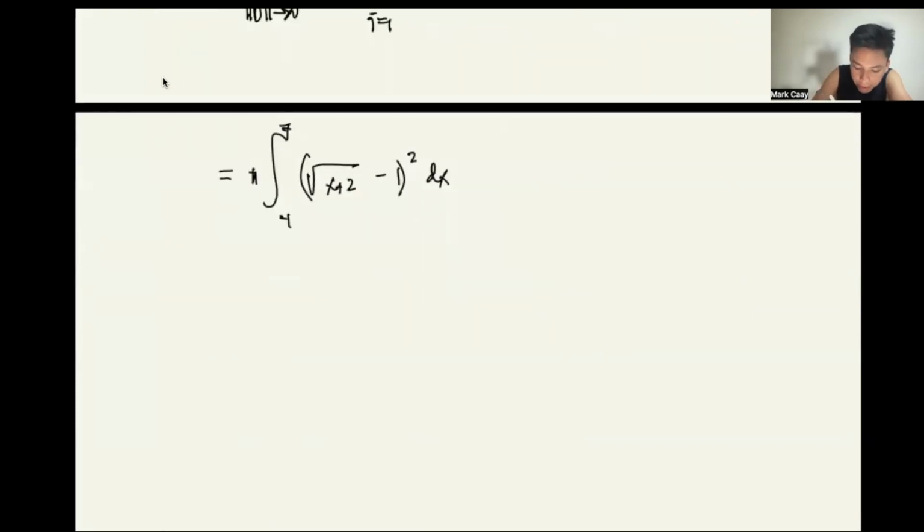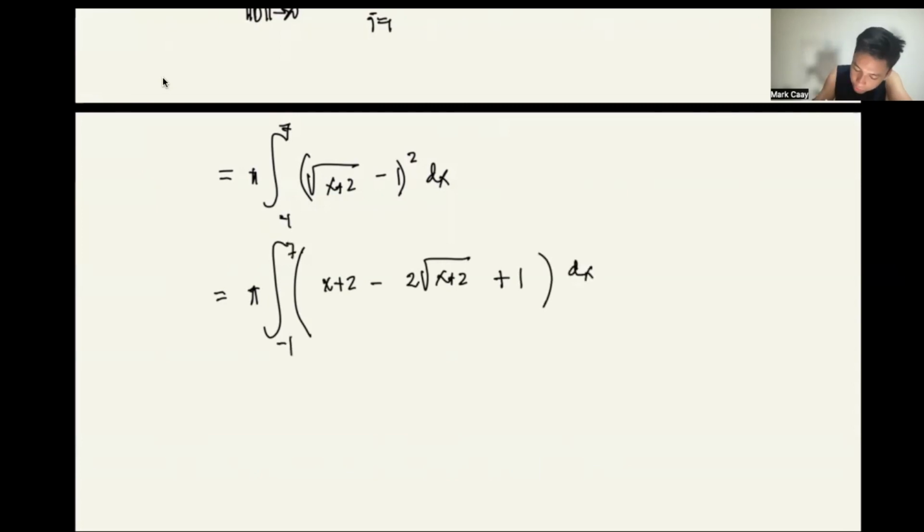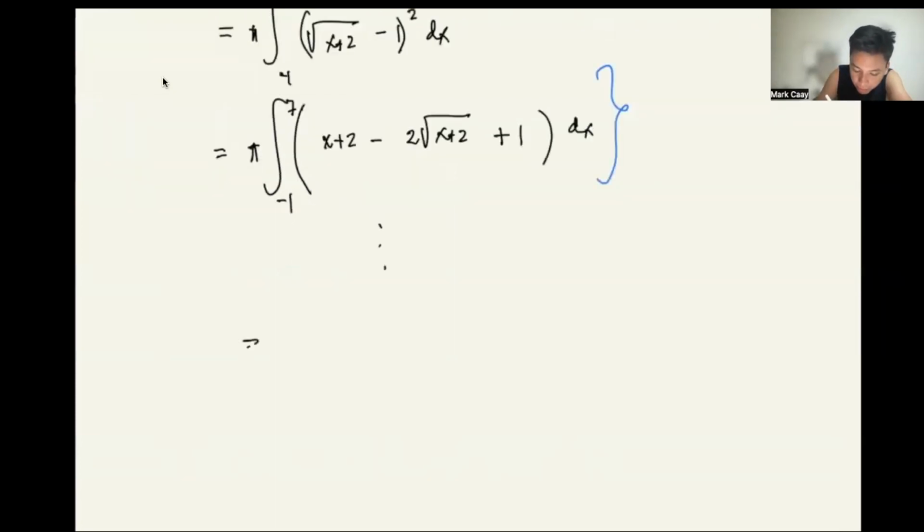Okay, so that means this is pi times the integral of x plus 2 minus 2 square root of x plus 2 plus 1 dx from negative 1 to 7. So kayo nang bahala mag-simplify nito ha. Basta ang ending natin lalabas tayong 40 pi over 3 cubic units. So if you have any question guys or clarification, please let me know.